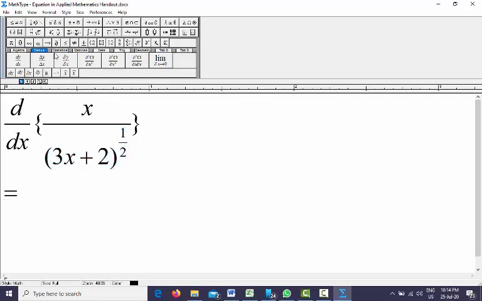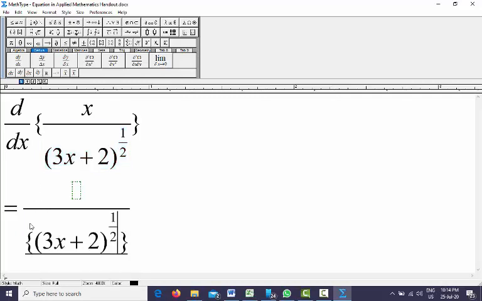And always remember, for the division rule you should first write a fraction. That's the first step. In the second step, whatever you have in the denominator, you should write that in the denominator, and then you should take a square of it.